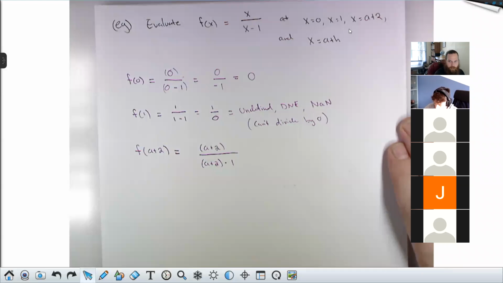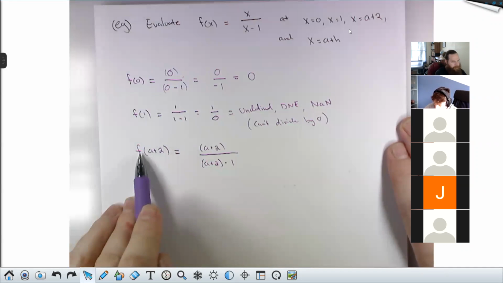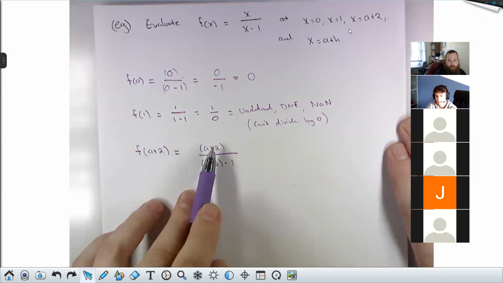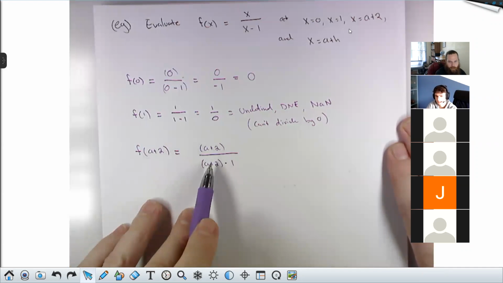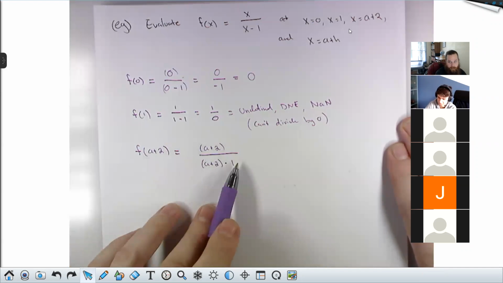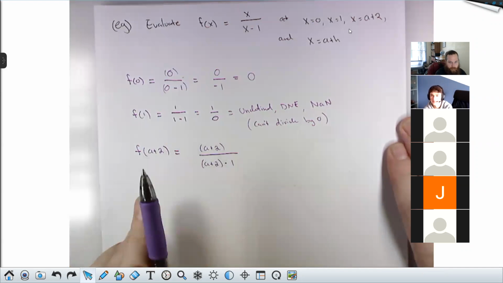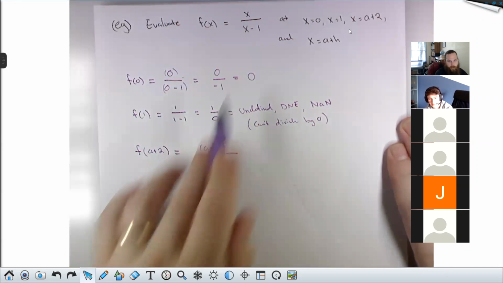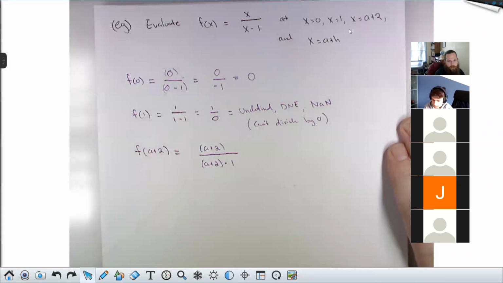That's always how we start. If I ask you for f of anything, you will replace x by parentheses of that thing divided by parentheses of that thing minus 1. All right, always use the parens. You can plug whatever you want in here. Just make sure you're following the recipe and always using your parentheses and obey the order of operations.